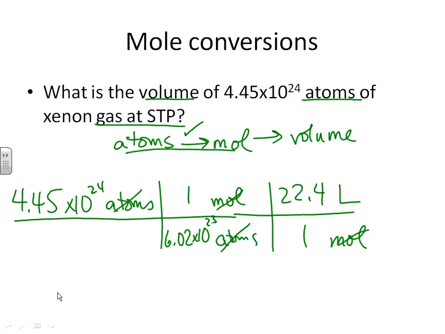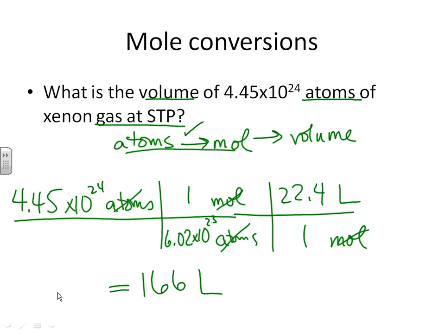Now, here's where you do need to be careful, especially with the 6.02 times 10 to the 23rd being on the bottom. Be careful with how you're plugging it into your calculator. The answer is 166 liters. If you got 1.66, something like that, but you don't have the same exponent, like a really large exponent, like 10 to the 45th, 47th or so, it means you're plugging the numbers incorrectly into your calculator.